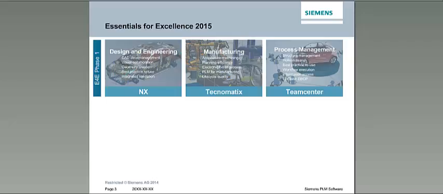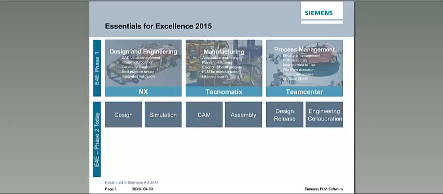So what we did in E4E phase 1, what you saw earlier this year at the Go event, was Essentials for Excellence phase 1 with 3 domains: one for design and engineering, one for manufacturing, and one for process management. And then we realized that that was too big. When we talk design and engineering at the same time, if you talk to a simulation guy, he's not interested in the design component.